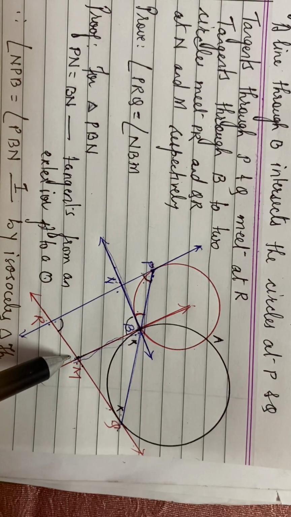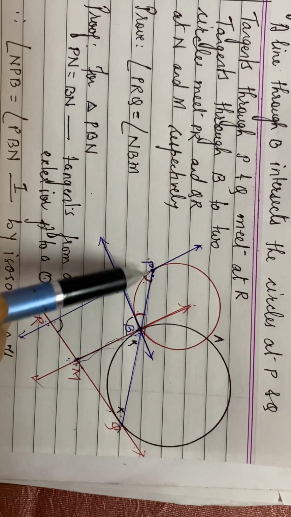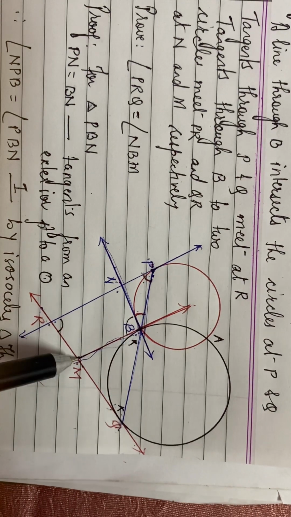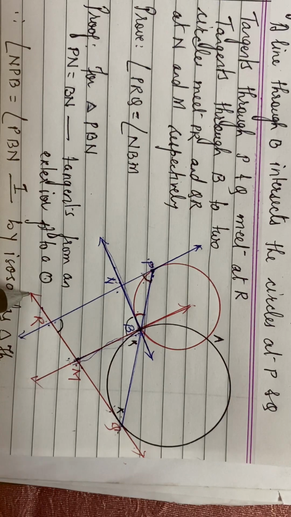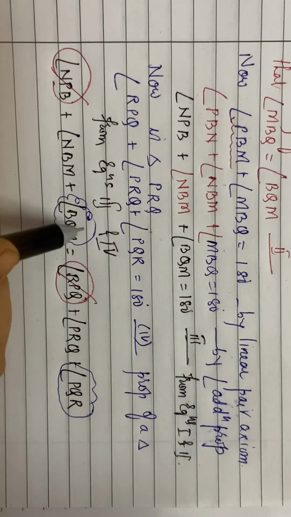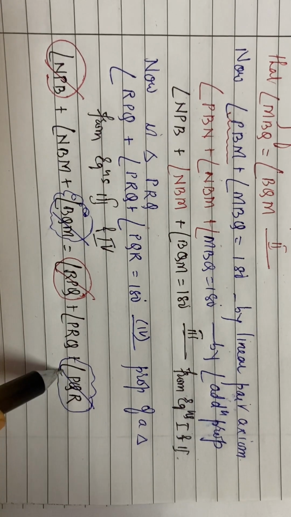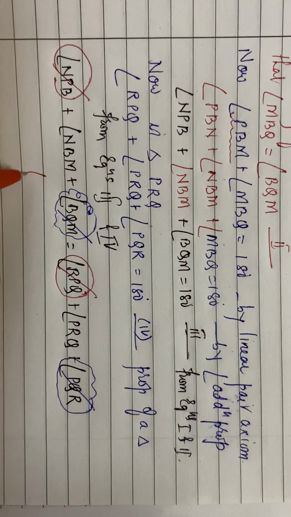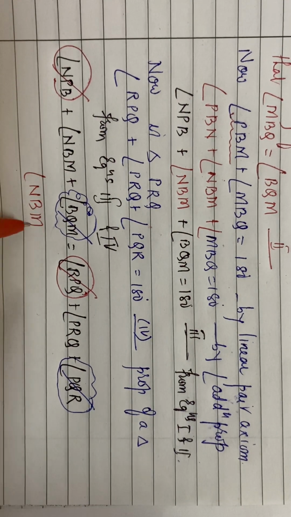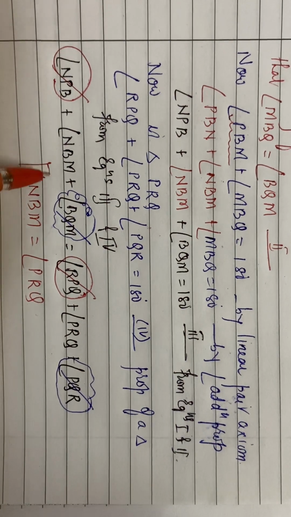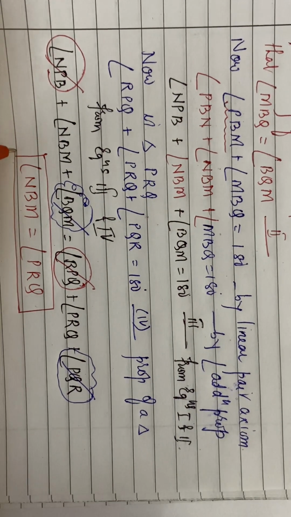They are one and the same. Are you getting that? So this also will be cancelled. So what are you left with? You are left with angle NBM is equal to angle PRQ.